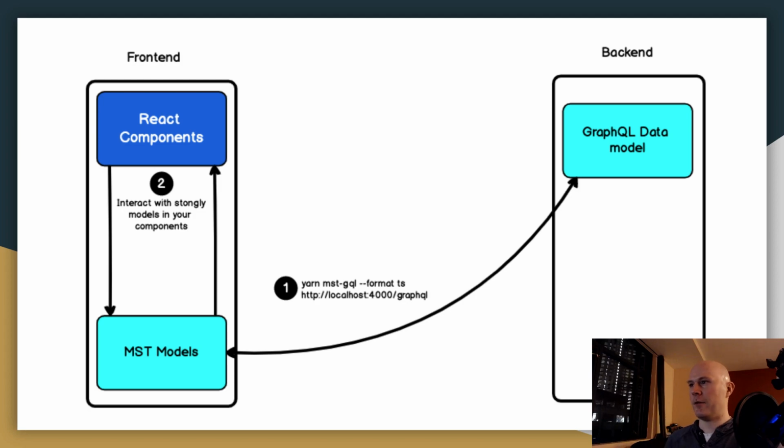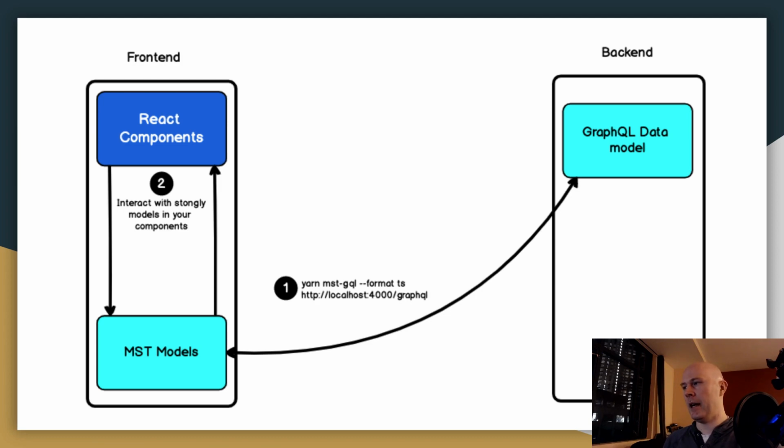So here's a little flow, and I already kind of mentioned this before, but you can imagine it. There's two sides. You've got your front end and your back end. On your back end, you've got your GraphQL data model, and then your front end will be like React, or I guess technically you could use Angular or Vue here, but in my example, I'm using React.